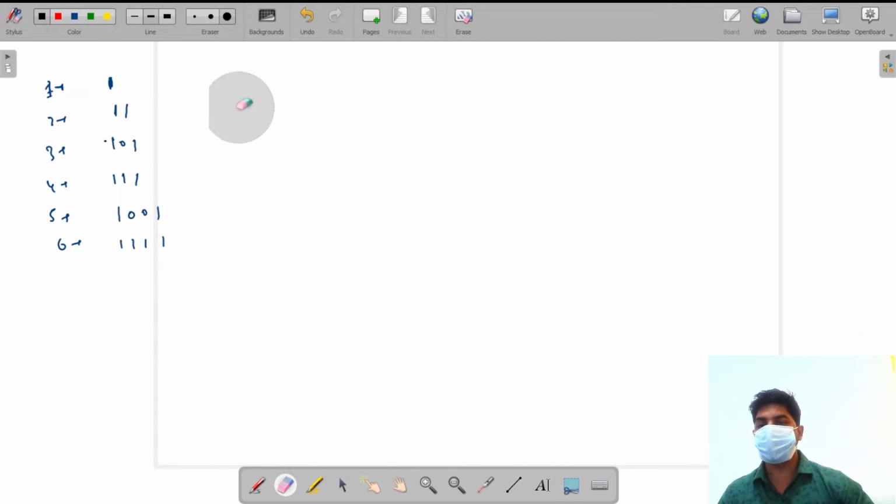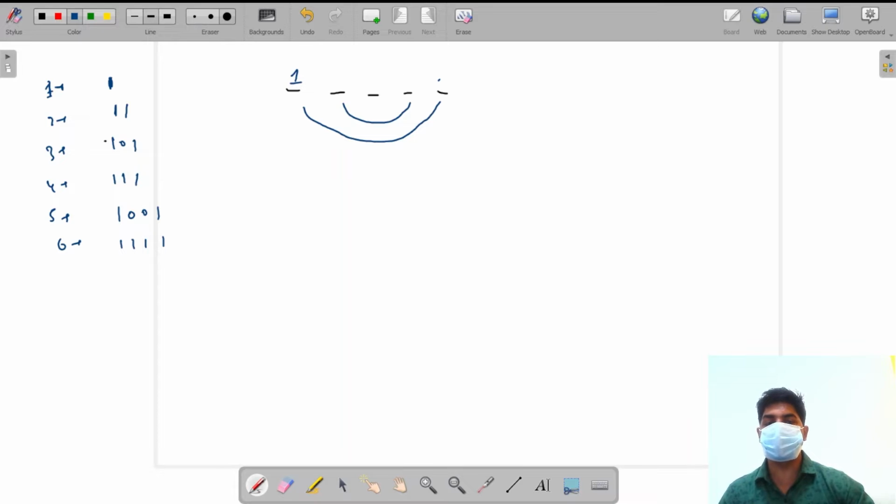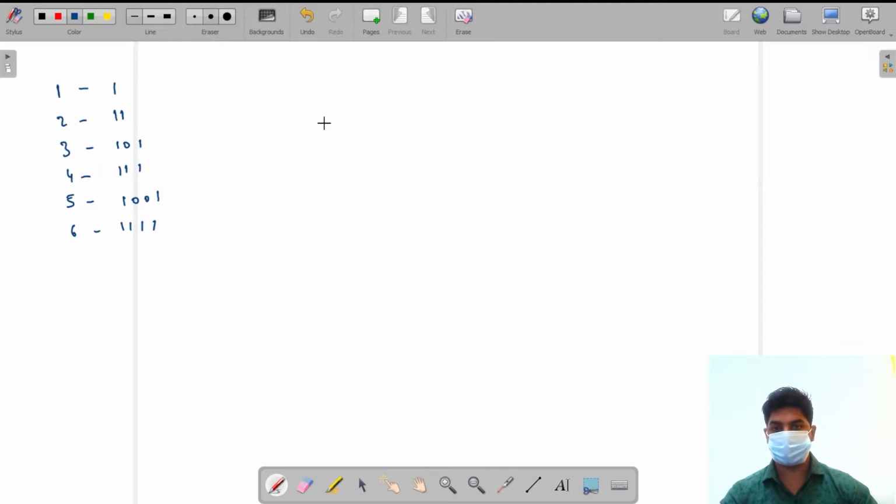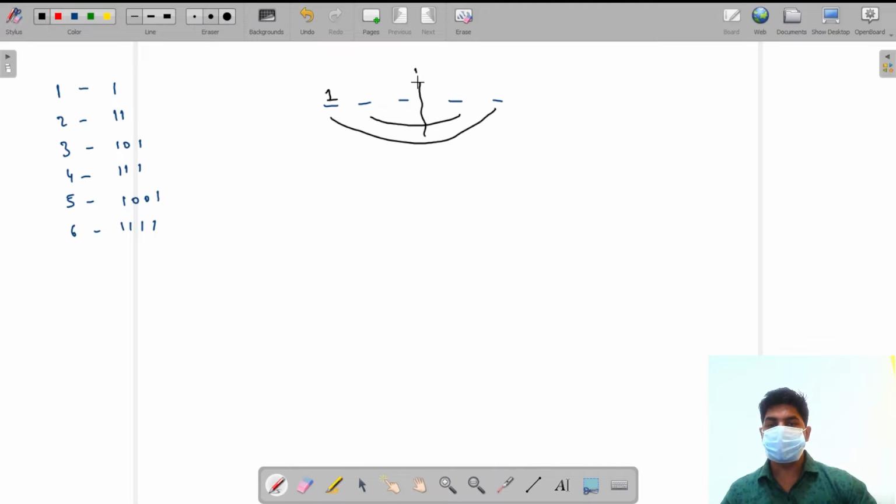Now let's move on to 5-digit numbers. For 5-digit numbers, positions 1 and 5 will be the same, positions 2 and 4 will be the same, and the first digit is 1 only. So we have options at the remaining two places.